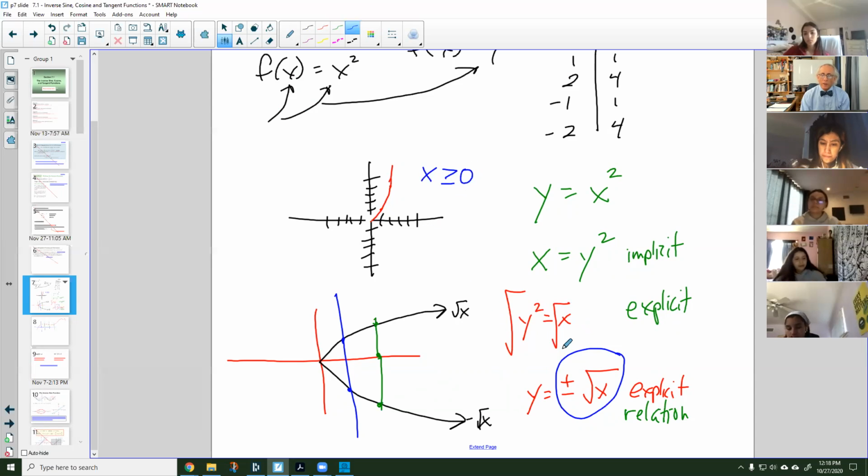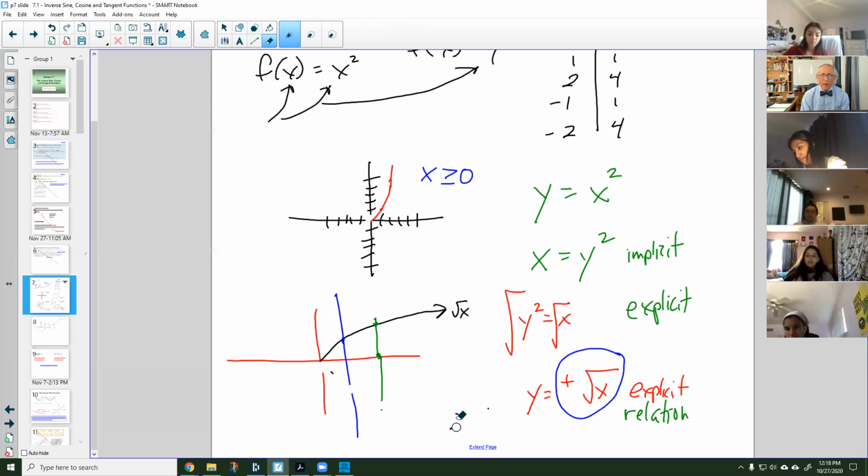Well, now when I take the square root, this negative piece is gone. So I only have this top piece here. All of this bottom part goes away, and all I have is the top part. So now I do have a function. I have just the positive square root of x. And that does pass the vertical line test. That is a function.